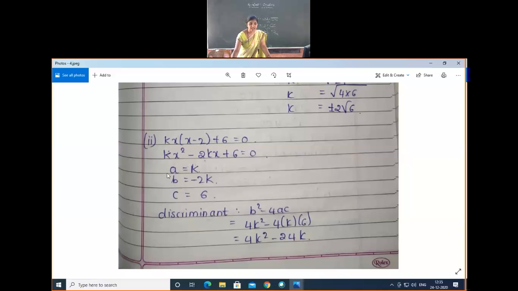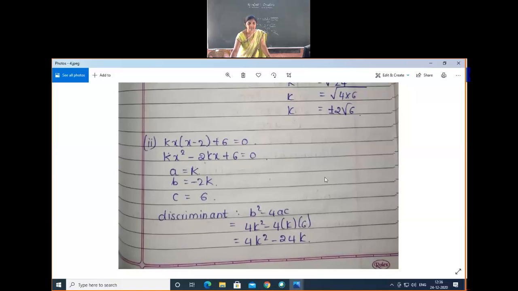A value is k, b value is minus 2k and c value is 6. Now the discriminant is b square minus 4ac, so we have to take the discriminant equal to 0. Then substitute the values: 4k square minus 4 into k into 6, then 4k square minus 24k.